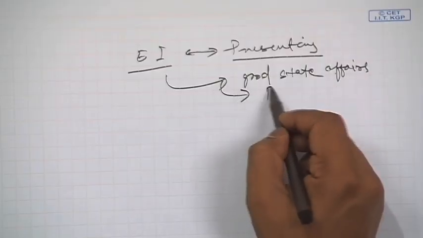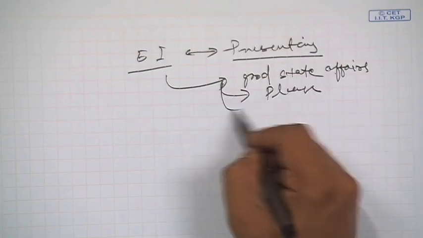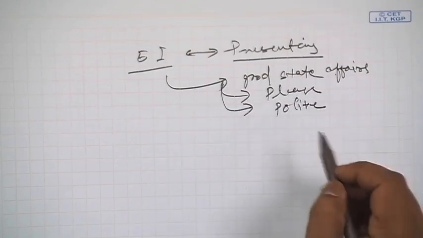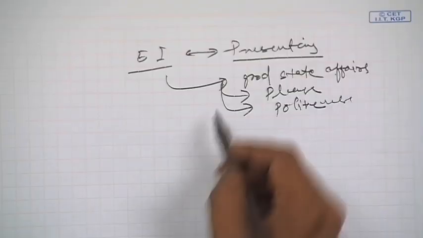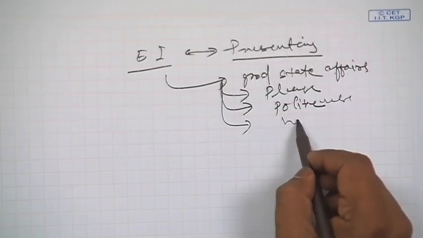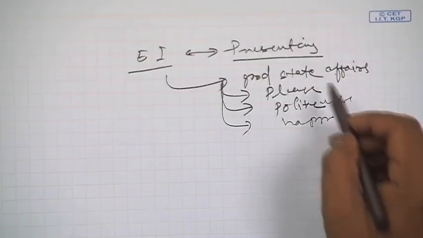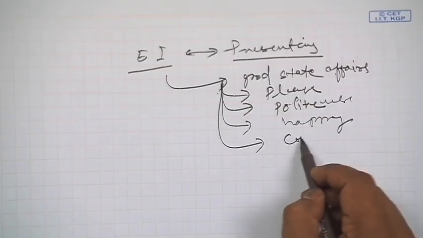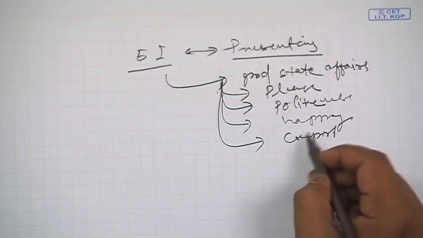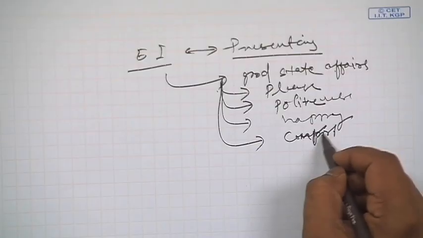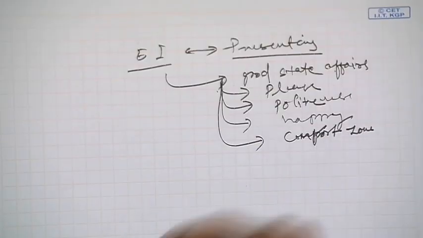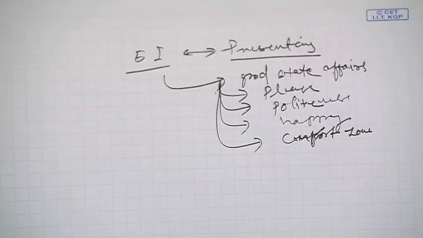So, what is a good state of affairs? We want to please others: politeness, making others happy, making the zone a comfort zone for others, so that you can freely interact with others, so others do not hesitate to interact with you.